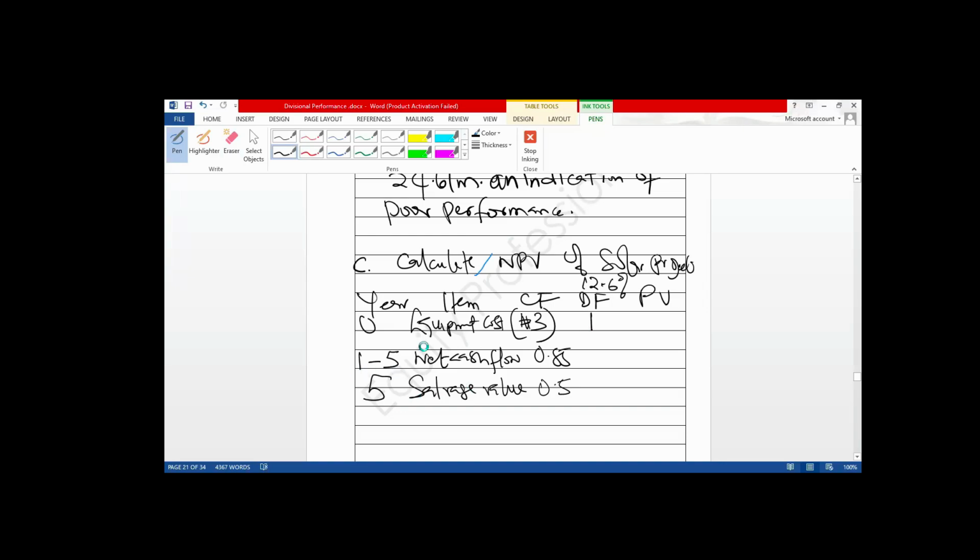Year 1 to 5 is an annuity: the cash flow 0.85 each year up to year 5. Calculate the annuity factor at 12.6% for 5 years. That will give you 3.55. Year 5 only, calculate the discount factor at 12.6%, year 5. That will give you 0.55.